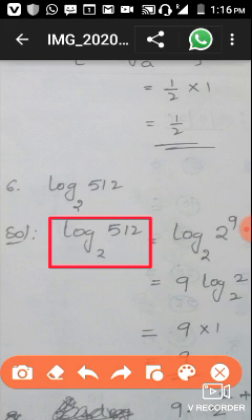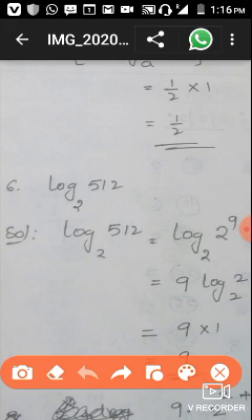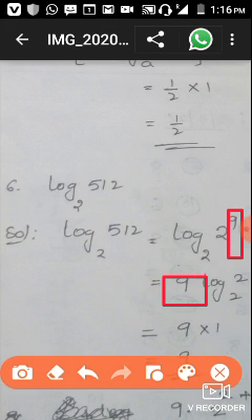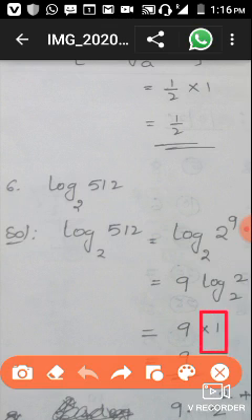Next step, according to the formula log a to the power m equals m into log a, the power 9 comes to the front. So 9 into log 2 base 2. Log 2 base 2 equals 1. So 9 into 1 equals 9.